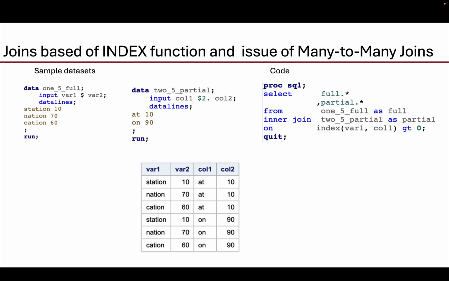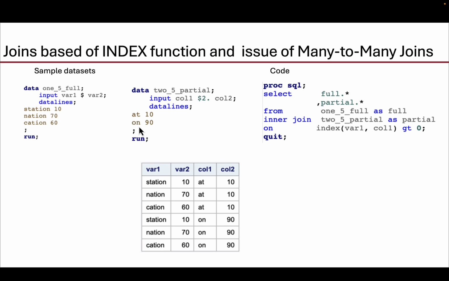What are the problems with this kind of join? If you look in here, we have 3 observations in here and 2 observations in here. As we are comparing the partial string 80 in these 3 strings in var1, 80 is there in all the 3 observations, so there is a match.